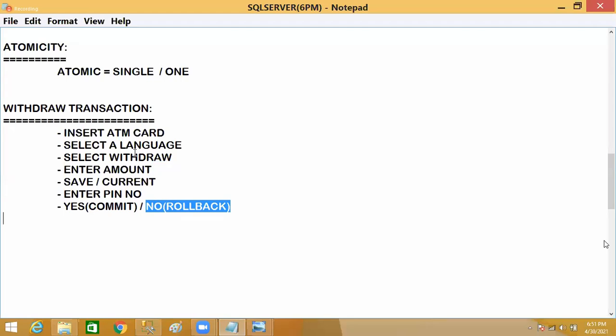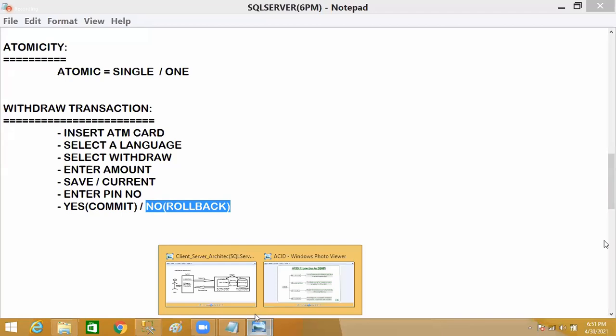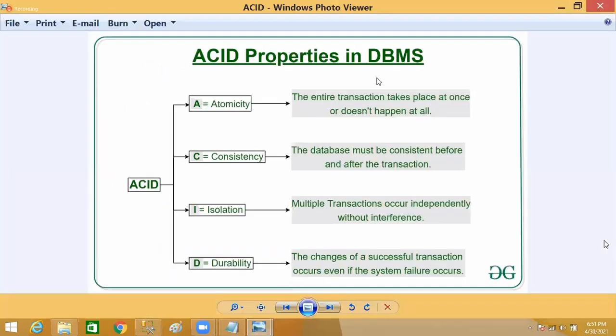That is what atomicity means. The statement says the entire transaction takes place at once, or else does not happen at all.